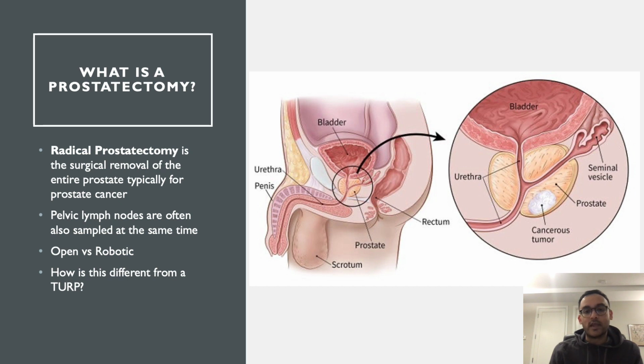So a TURP is an endoscopic procedure that we offer for men that don't have evidence of prostate cancer, for benign prostatic hyperplasia. And that, again, is something that we've been doing a lot of at Headwaters already. But it's endoscopic compared to a radical prostatectomy, which is an open surgical procedure.